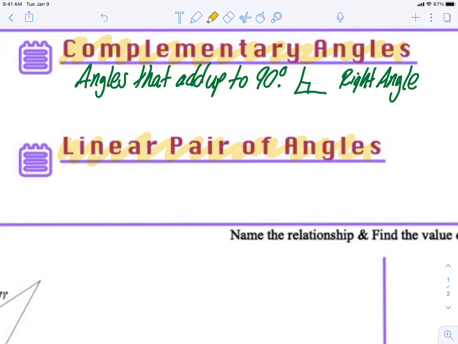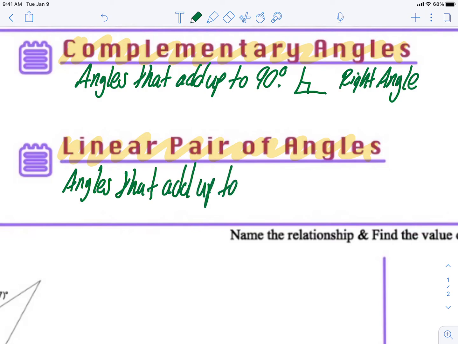Next, we have angles called a linear pair of angles. Linear specifically has the word line in it. A line is flat, and as we learned in the prior lesson, a flat line is 180 degrees. So these are angles that add up to 180 degrees.